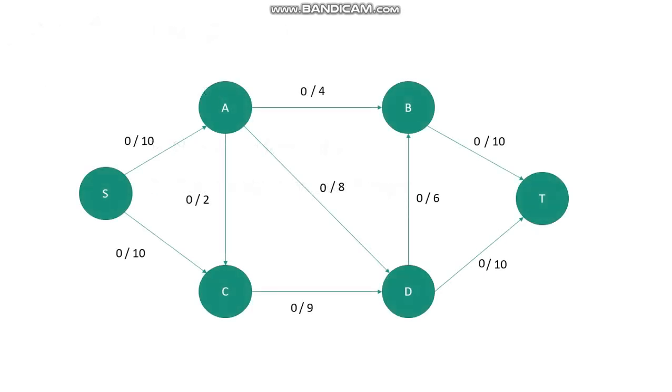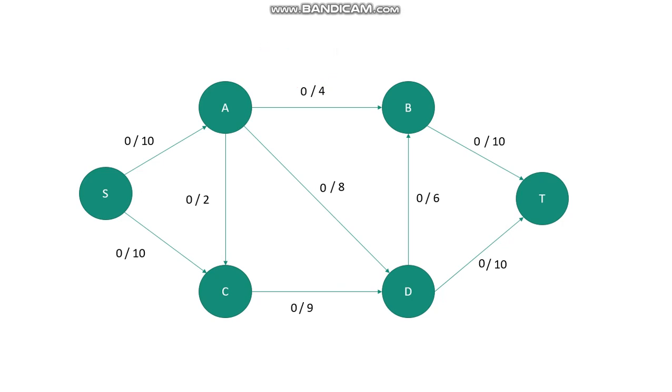Here's the flow network we use. S will be our source and T our sink. We start by setting the flow to 0. The number on the left is the current flow through the edge, and the number on the right is the total capacity of the edge.